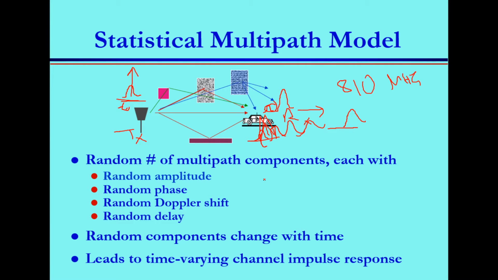It's not constant. Random components change with time. This is the point that I want to make. At different times, even if you are transmitting the same signal, you receive different responses. This leads to something we call the time varying channel model, channel impulse response. The response depends on the time.